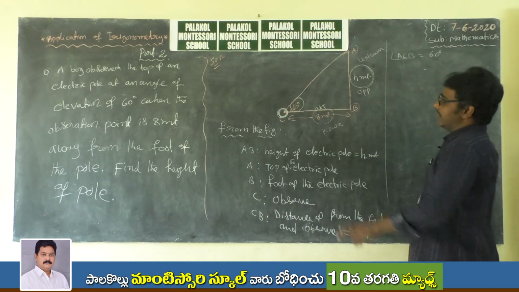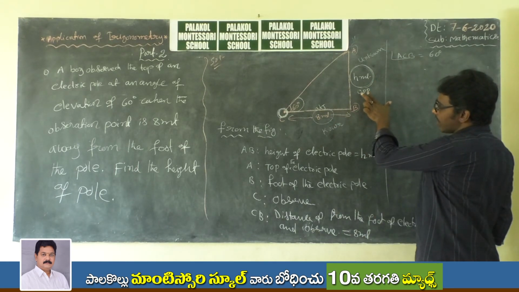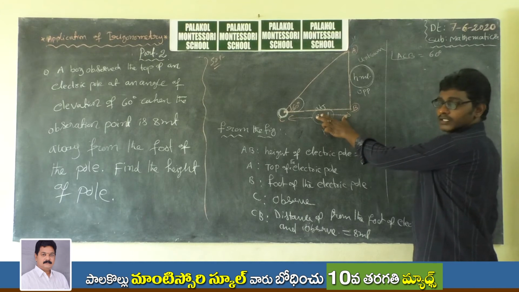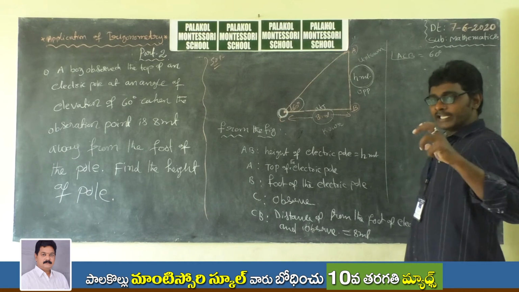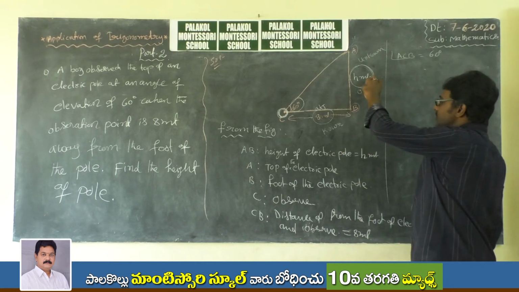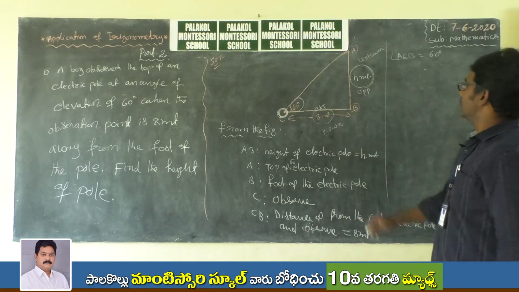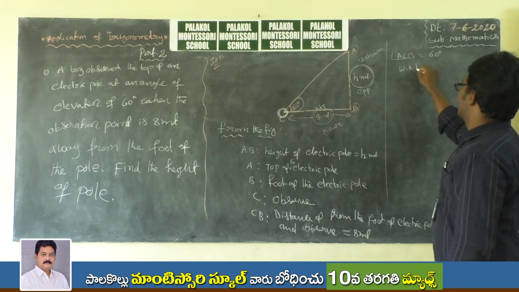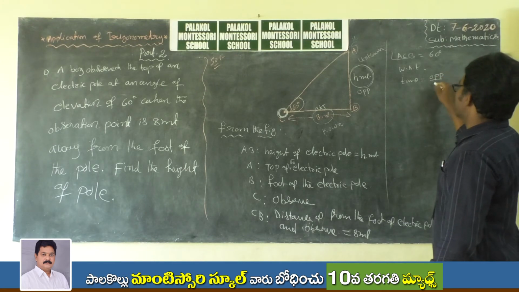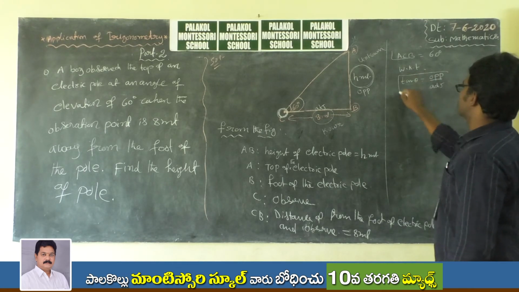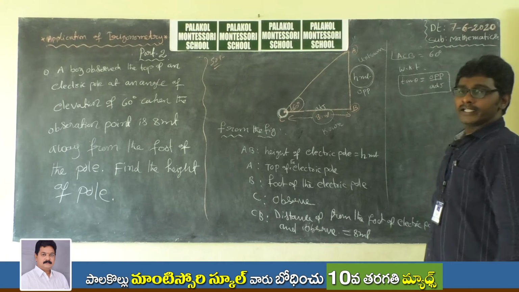So here what is the relation between opposite and adjacent? Immediately, that is tan theta. Tan theta is equal to opposite by adjacent side. Why am I taking tan theta?